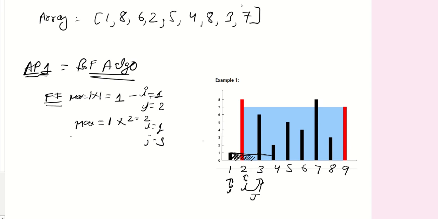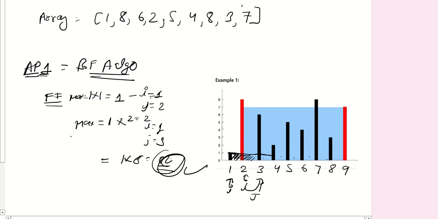So in this approach, let's say you have completed iteration 1. In iteration 1, what is the most water you can store? 1 into, counting 1 2 3 4 5 6 7 8, 1 into 8 is equal to 8 liters. So 8 liters only you can store in the first iteration. Likewise you will do the second iteration.